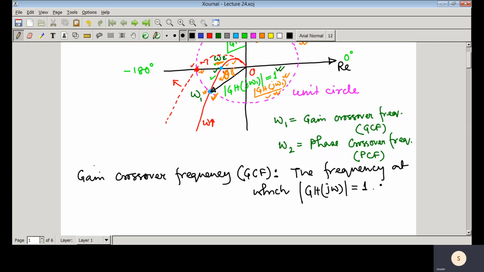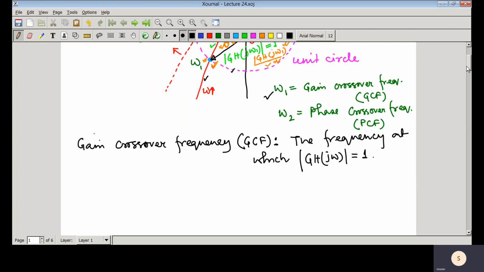So in this figure, W1 is that gain crossover frequency. You can see that at W equal to W1, this Nyquist plot actually crosses that unit circle, and as it is a unit circle, that means this radius is equal to 1. That means that gain would be equal to 1.